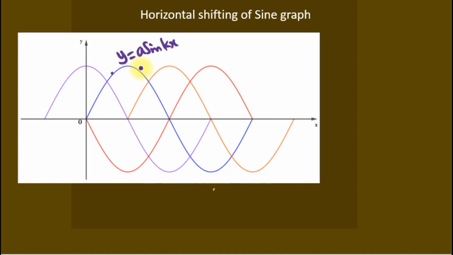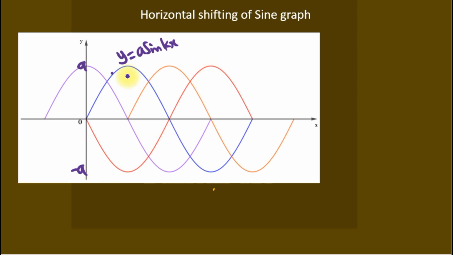So look at this, the one in blue. Look at the red one. If here is a, because the absolute a is called the amplitude, then here is minus a.